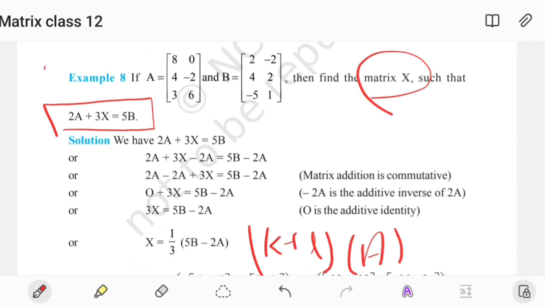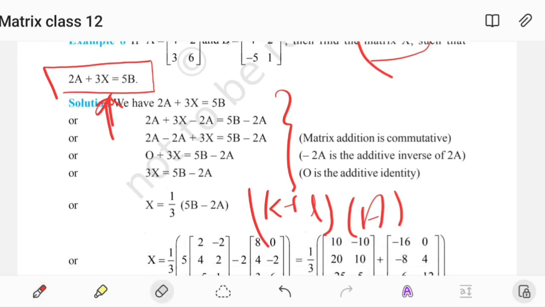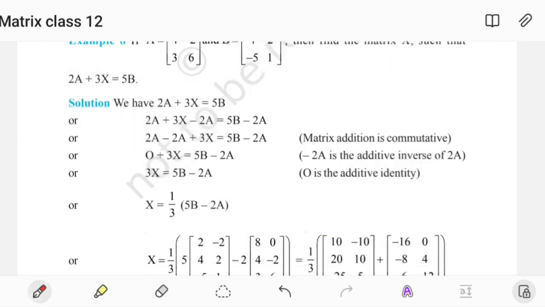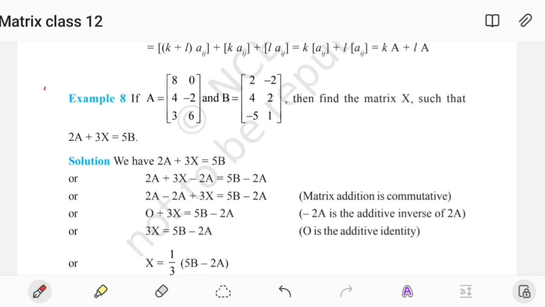So a very general thinking says that simply make X alone here. So if I do some calculations, then it will look like this, right? Now one mistake that most of you will commit is that you will directly say from here that simply 3x is equal to 5b minus 2a.